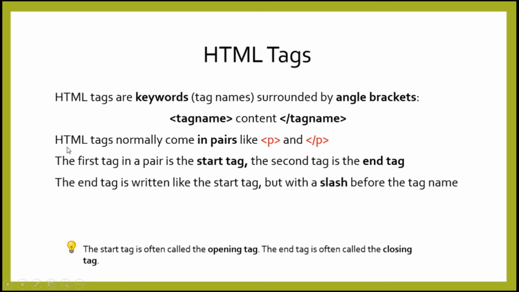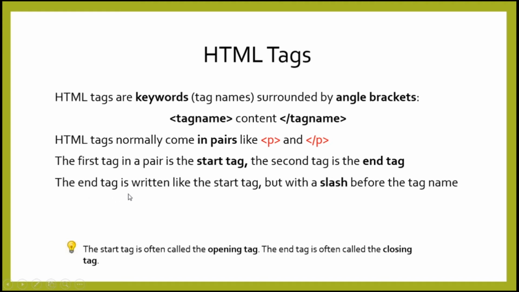Okay? Next, HTML tags normally come in pairs. For example, the P tag for paragraph and the closing for the tag. And of course, as I have said, not all the tags have a closing. We will be discussing that later on. The first tag in the pair is the start tag and the second tag is the end tag.